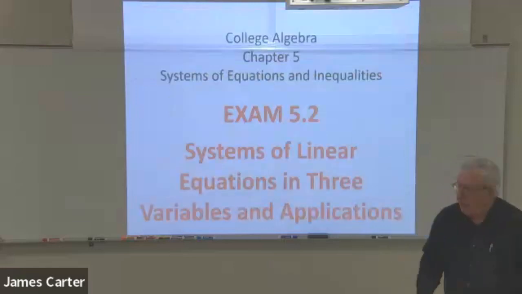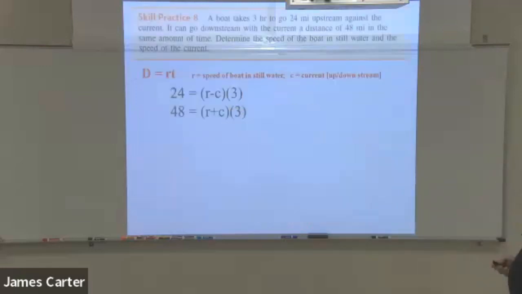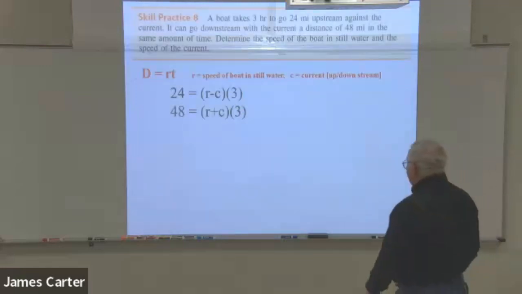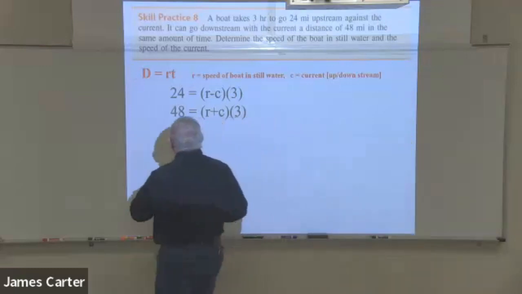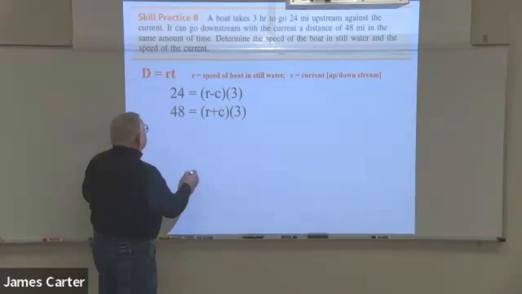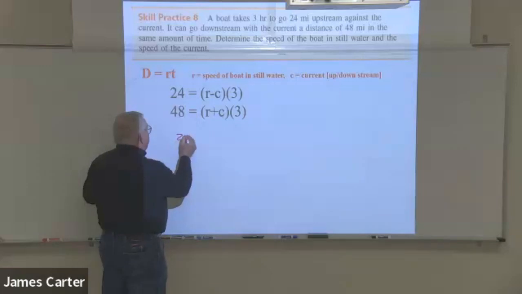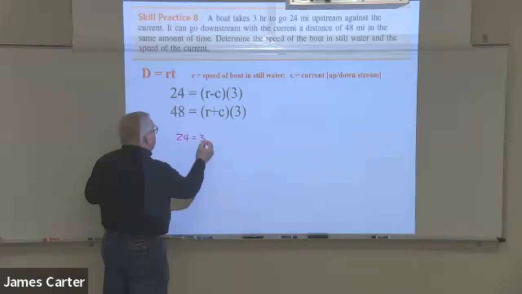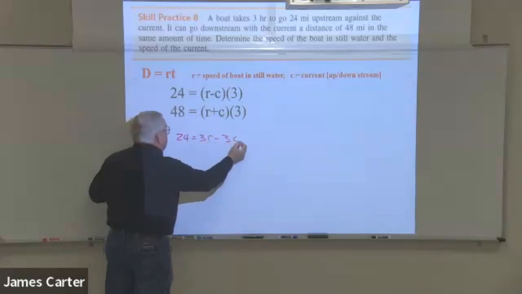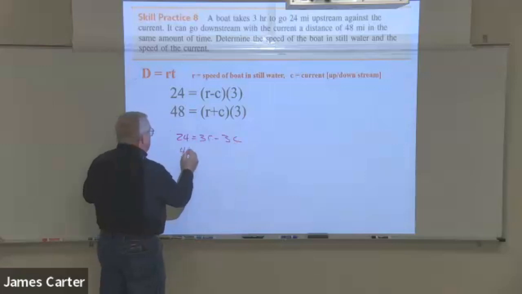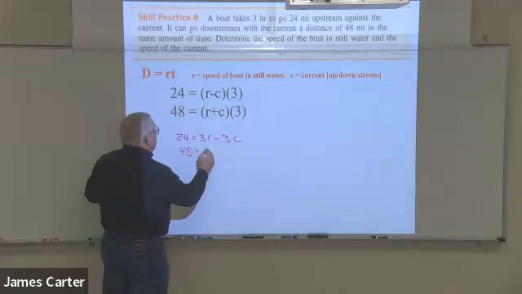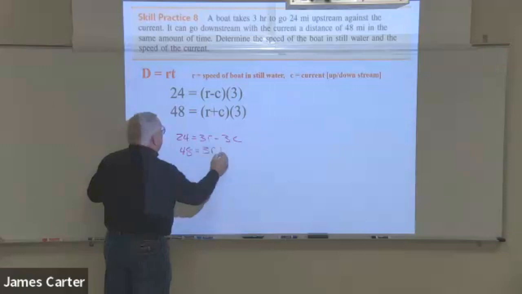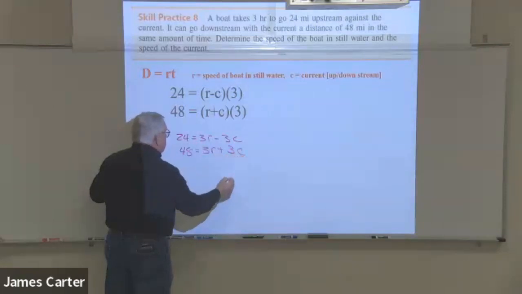Now we simplify that. So in this case, 24 equals 3R minus 3C. 48 equals 3R plus 3C.